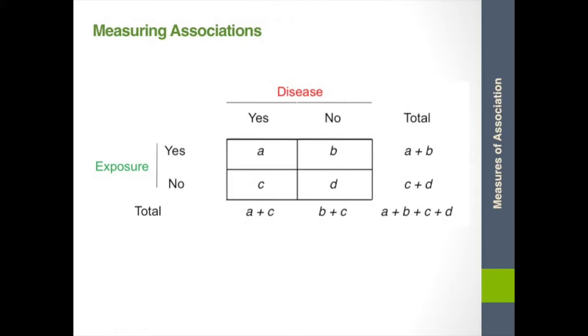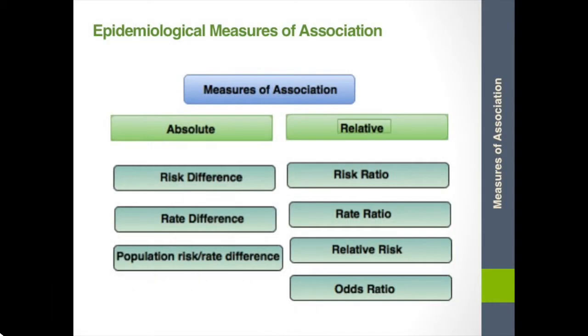These tables summarize the frequencies of diseases and exposures. You can use 2x2 tables to calculate measures of association and quantify the effect of an exposure on a particular outcome. Measures of association can be absolute or relative.